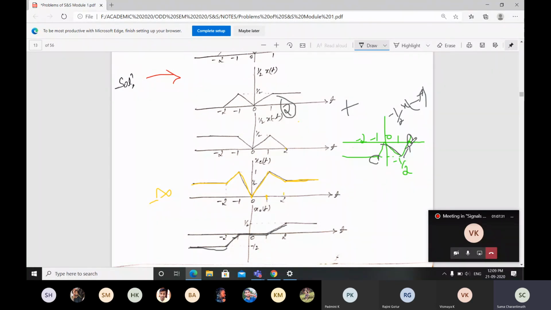At the second position here it is 0, but here at 2, a 1 by 2 signal is there. For that reason, at 2 the amplitude is going to change to 1 by 2 only. And if I go beyond 3, 4, here you don't have any signal, so the signal is going to continue further.